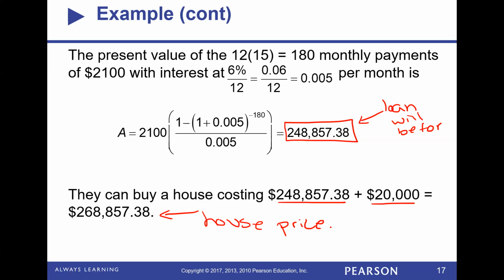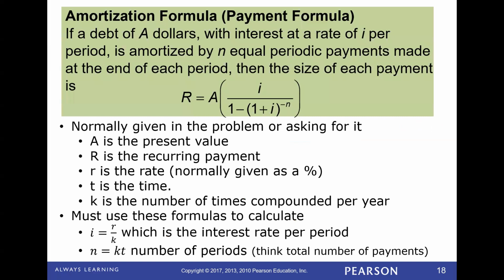Okay, we have another formula. This amortization formula, also known as the payment formula, looks very similar to the present value formula because it is a present value formula, but solved for payments.